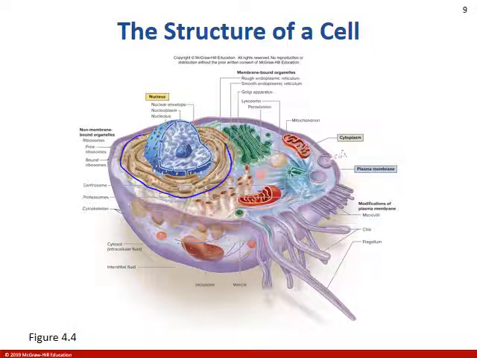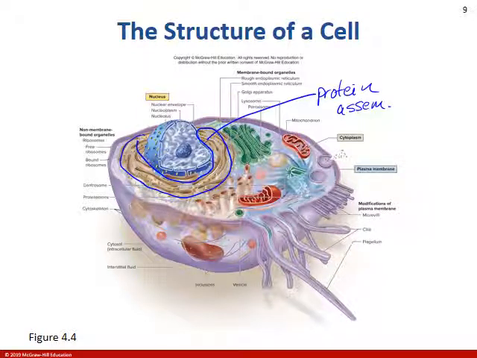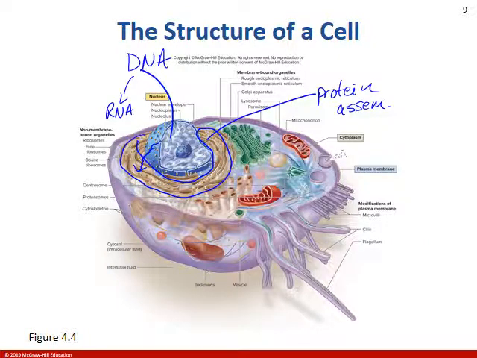So we talked about the rough endoplasmic reticulum, and we said that this is the site of kind of protein assembly. Where did it get the instructions from? Right? DNA is inside the nucleus. DNA copies itself into RNA, and that RNA comes out the nuclear pore and goes into the rough endoplasmic reticulum, and we start assembling the amino acid or proteins.